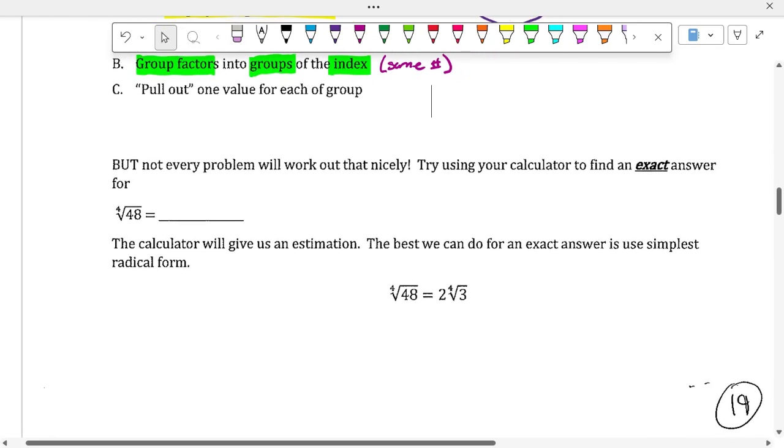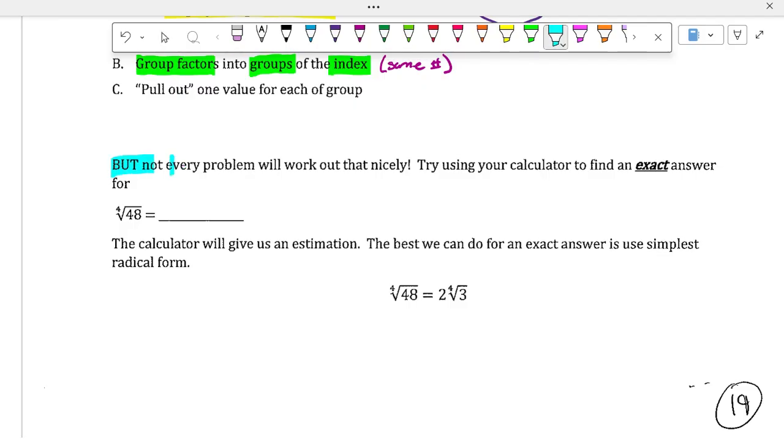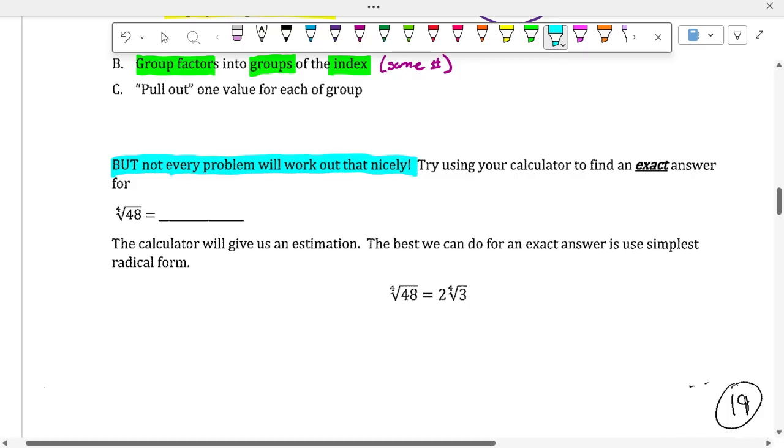So now, let me ask you this. Not every problem will work out nicely, just like how not every square root worked out nicely, not every fourth root will work out nicely. Is 48 on that list of perfect fourths that I gave you? No. So it's not going to be nice. If you put that fourth root in your calculator like I showed you, put 4, math, and then hit the number 5, and then put 48.